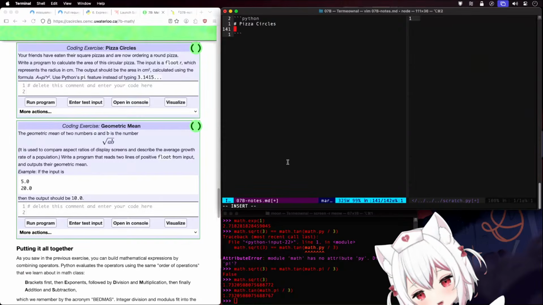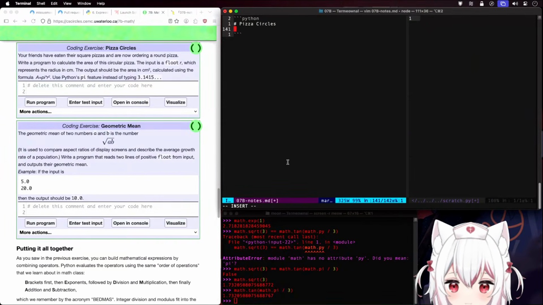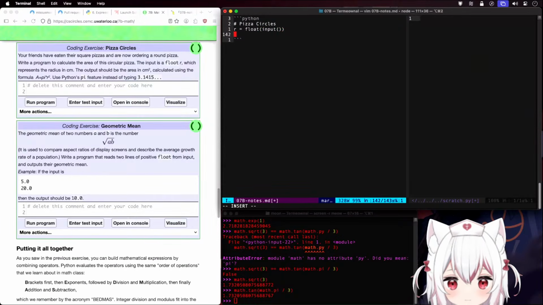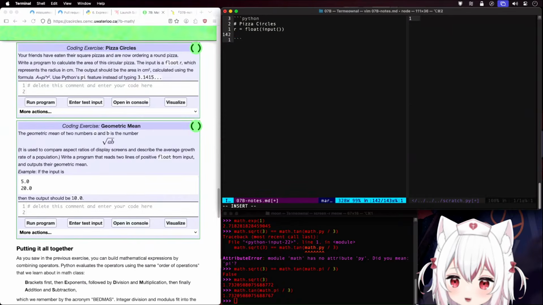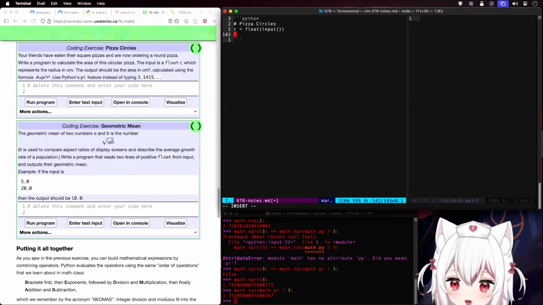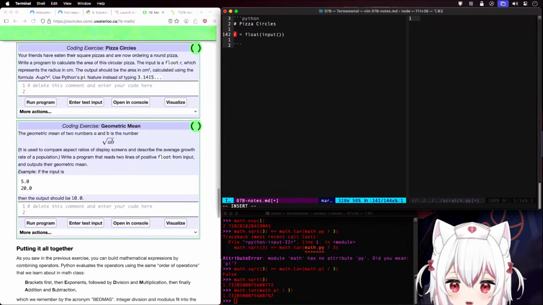The input is a float, R, which represents a radius in centimeters. Pi r squared. Is that it? Oh, it is. The output should be the area calculated using the formula A equals pi r squared. Use Python's pi feature instead of typing it.